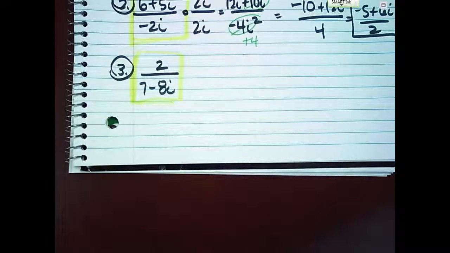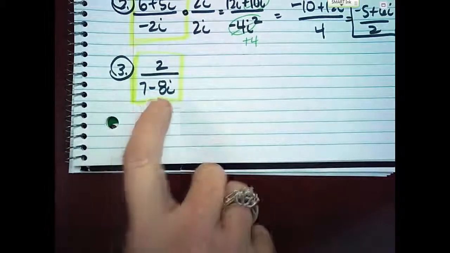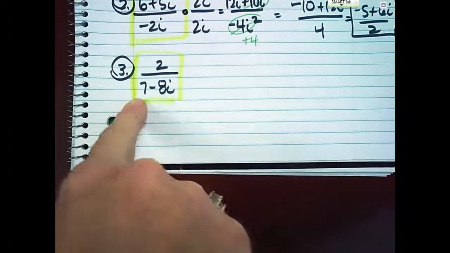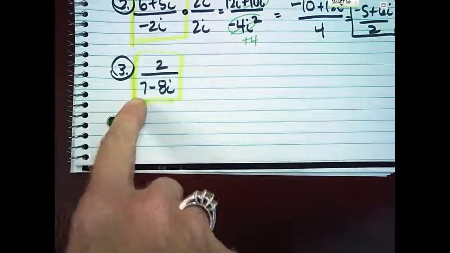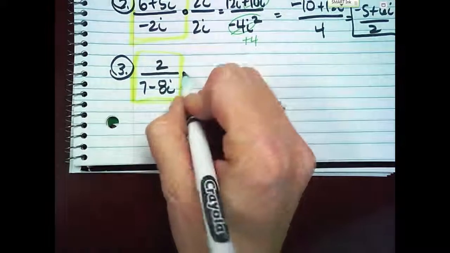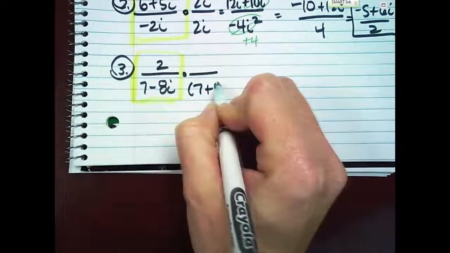Let me give it a shot. Good job. Multiply by the conjugate, right? If I multiply by i, that'll multiply the whole thing by i. It would help me here because then I'd have i squared. But over here I'd have 7i. It wouldn't get me anywhere. I need the i's to cancel. I need the middle terms to cancel. So multiply by its conjugate. So multiply by 7 plus 8i.